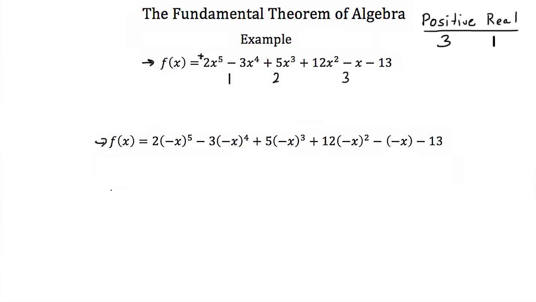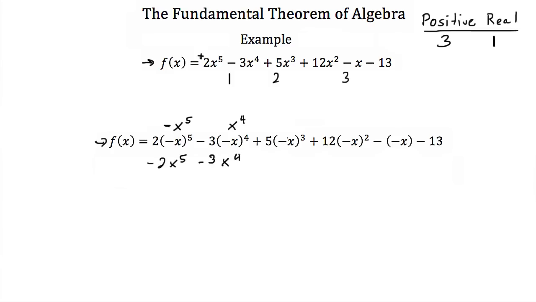If we simplify this, negative x to the fifth is a negative x to the fifth. So then this would become a negative 2x to the fifth. A negative x to the fourth is just x to the fourth. The fourth gets rid of our negative. So this becomes a negative 3x to the fourth.